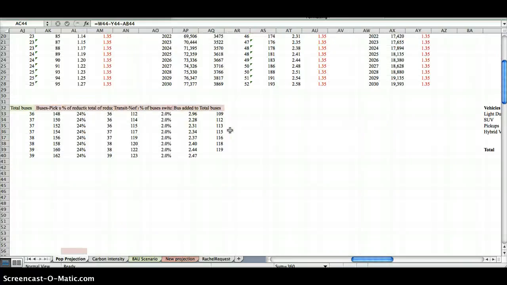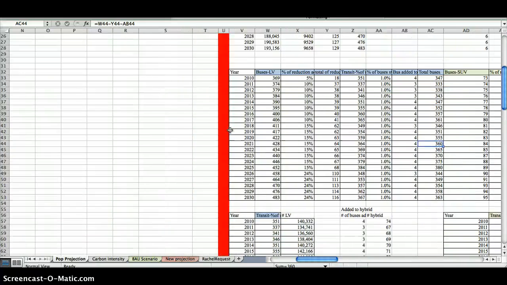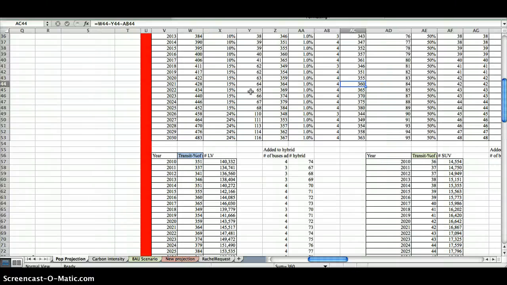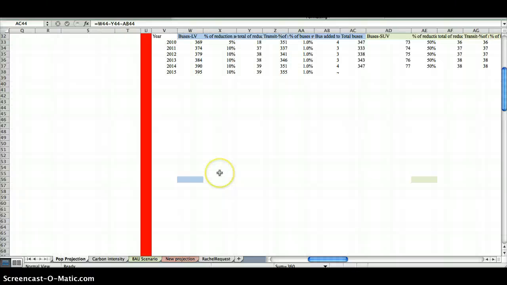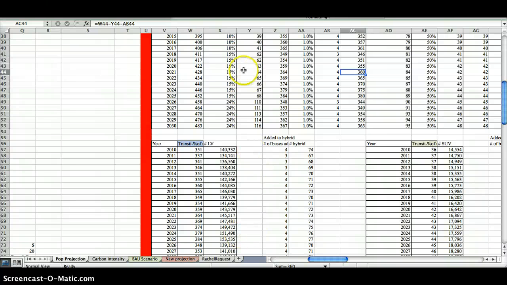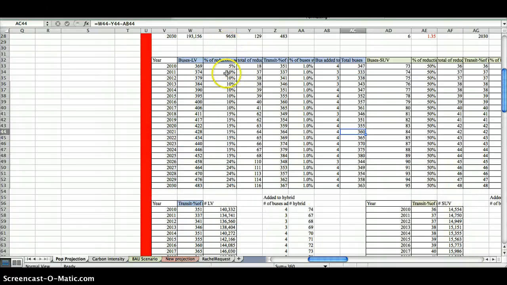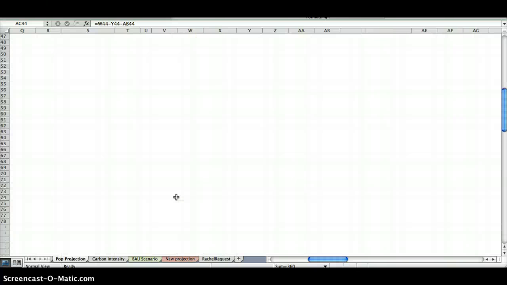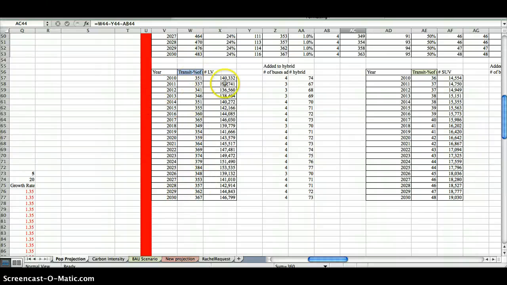I did it for the three types of vehicles. I converted them here into buses, and then whatever numbers I got with my percentage of reduction selected for each of these years, whatever actions we suggest in our project, I reconverted into light duty vehicles.